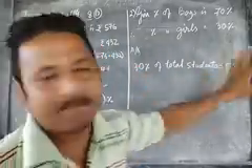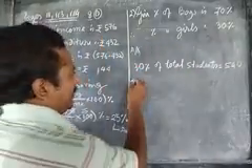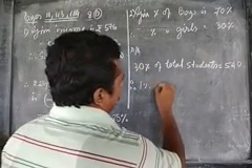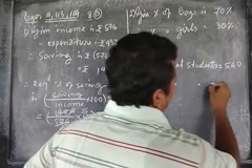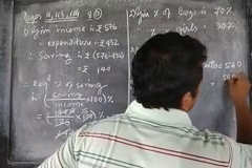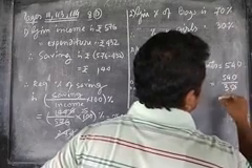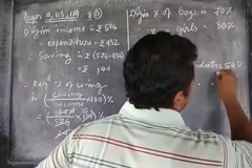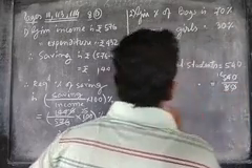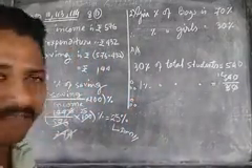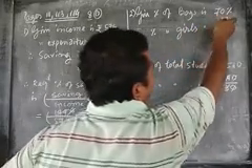30% means 540. Therefore, if you go to the unitary method, 1% of total students equals what? 540 by 30. So if you cancel this zero, it will give you 18. Okay. Therefore, you have to find the number of boys, means you have to convert this 70% to a number.